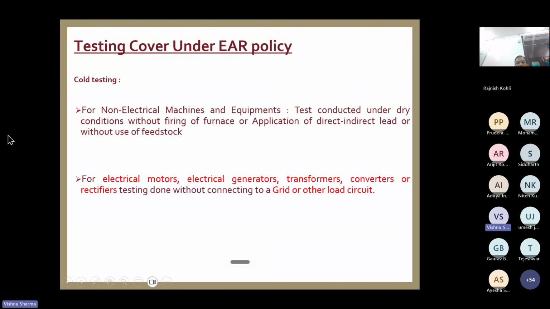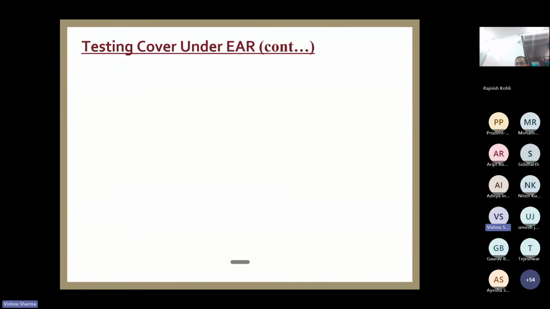Now, this is cold testing for mechanical items. For electrical items, you test machinery like an electrical motor or fan, whatever electrical items are there. A compressor is not an electrical item, that is mechanical. I am talking about electrical motors. There, no load is given. The motor has to run independently. That is cold testing. Now what is hot testing?